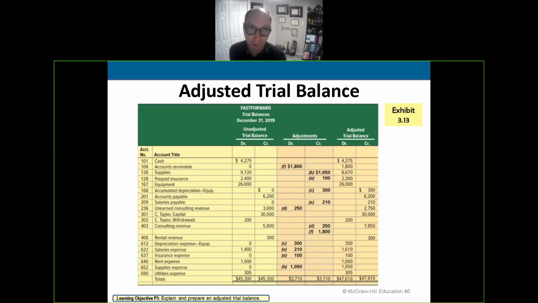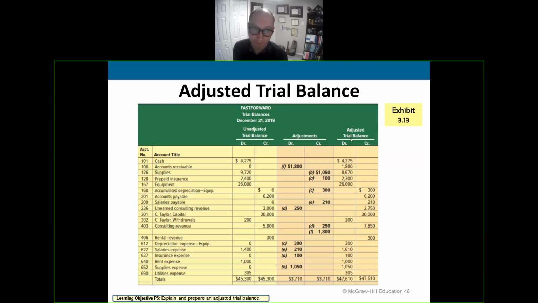And the way we do that is by performing what's called an adjusted trial balance. We take the unadjusted balances throughout the year, and then we add or subtract our adjusting entries that we made throughout the year, which will give us our adjusted balances at the end of the year.